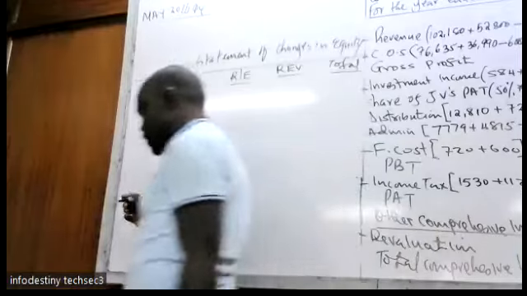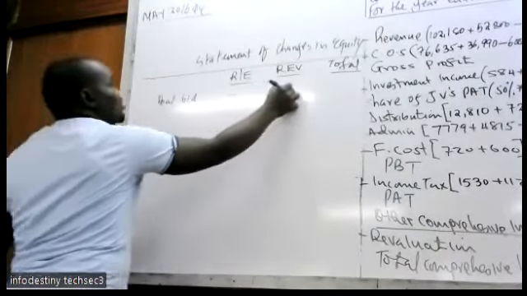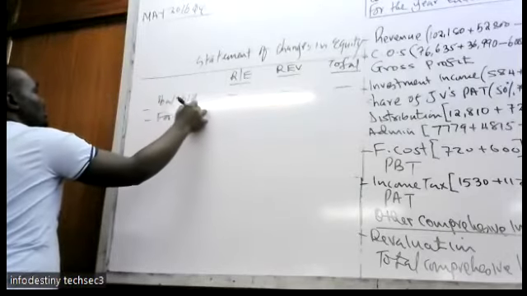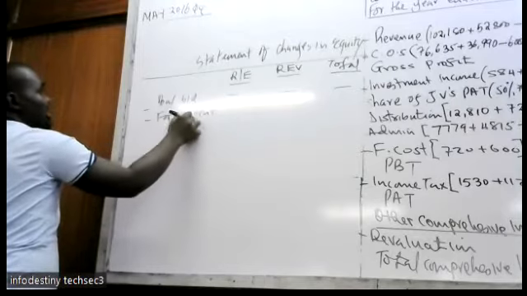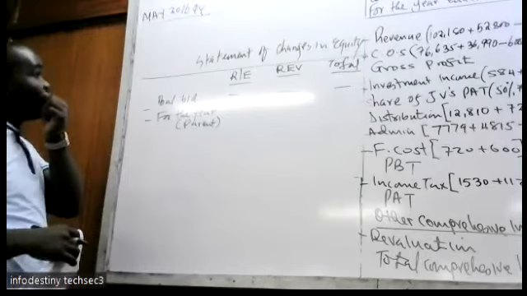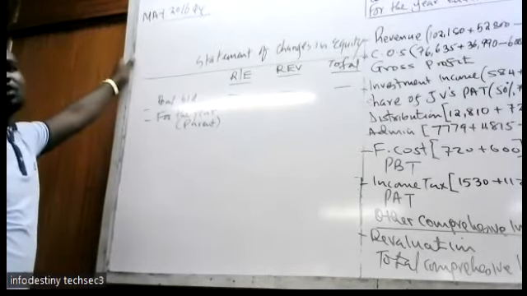So balance brought down, we were not given anywhere. For the year, only parent, not NCI. You only bring the ones which relate to the parent. So can you check profit for the year attributable to the parent? What did we get?